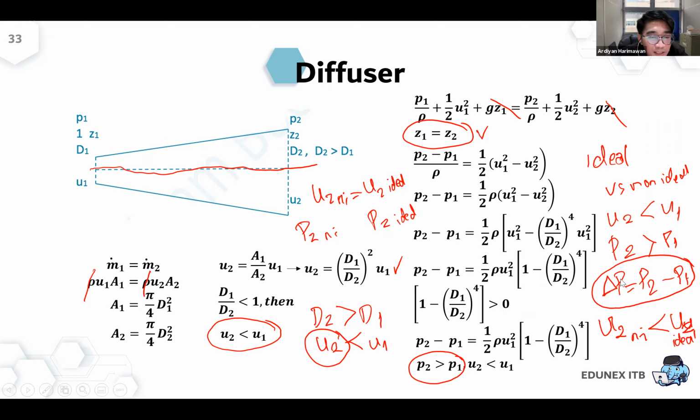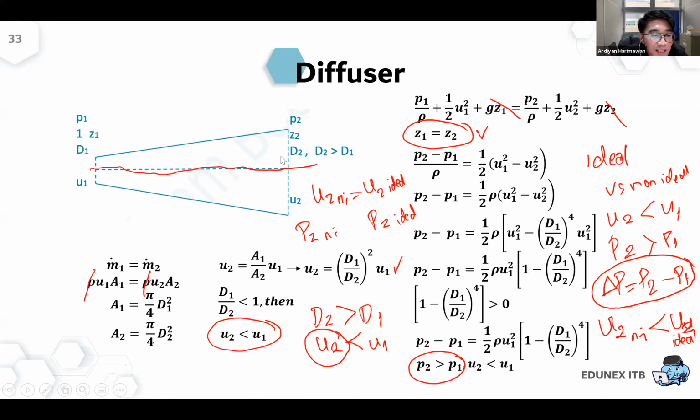Previously we have discussed the effect on the outlet velocity. For the outlet velocity in the real condition, it will be lower than the ideal outlet velocity if you assume constant pressure difference. Now we flip the condition.